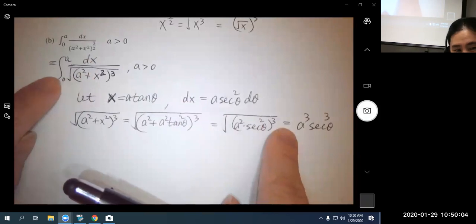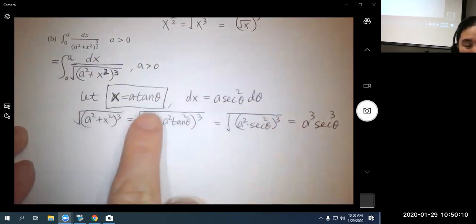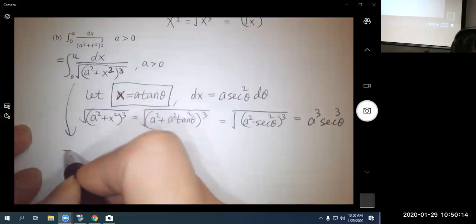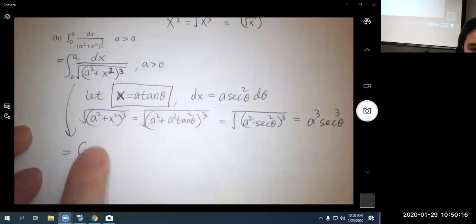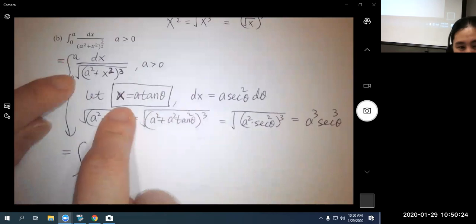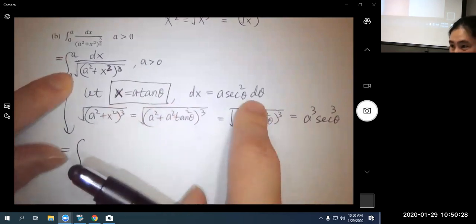Well, the thing is, for a definite integral, when we do substitution, we always have to refigure out the limits, okay? So how can we refigure out the limits? These limits are for x. We need the limits for theta eventually.